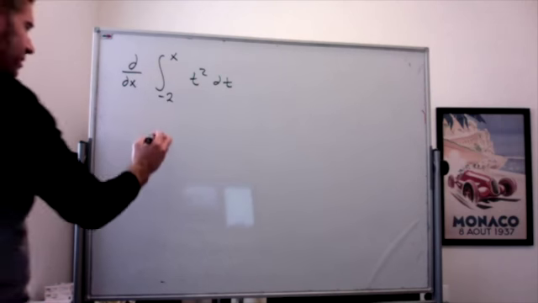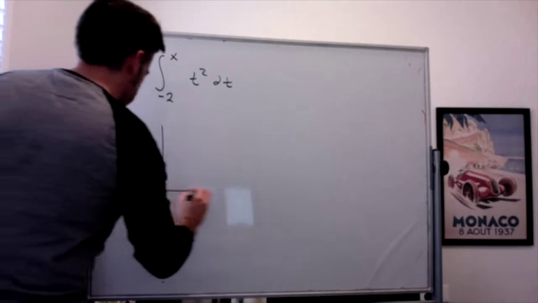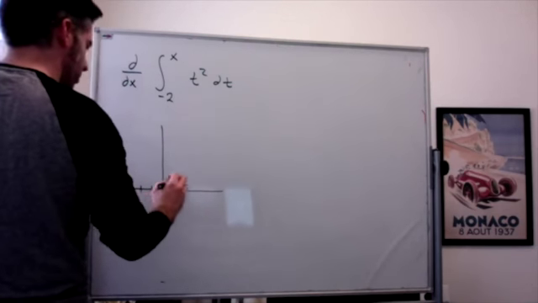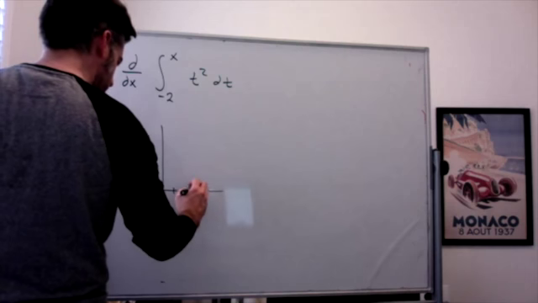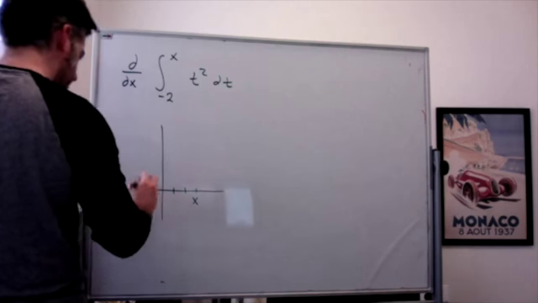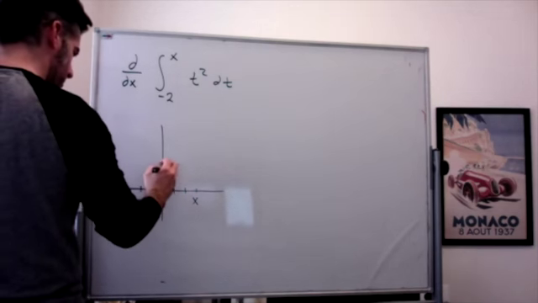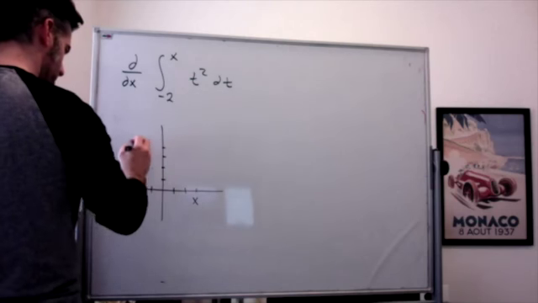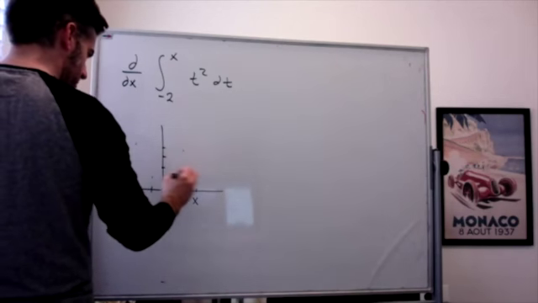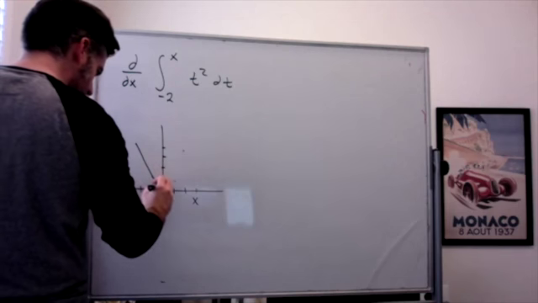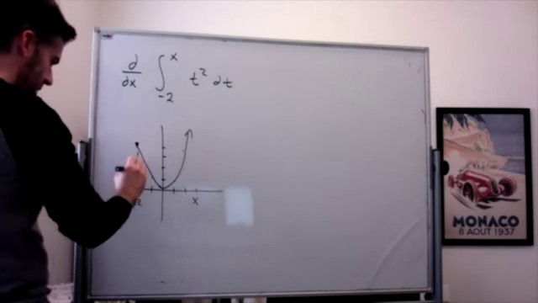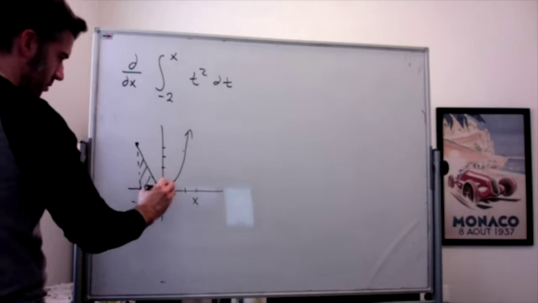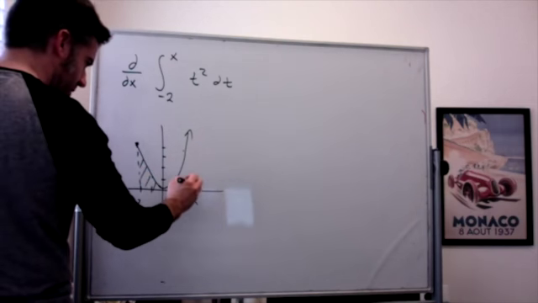We can graph this if we want. All right, let's see, at -2, let's say that x is somewhere like here. So we're saying, here's some x.